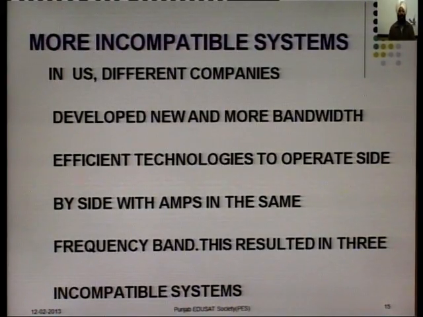Then more incompatible systems were also introduced. In United States, different companies developed new and more bandwidth efficient technologies to operate side by side with advanced mobile phone system in the same frequency band.